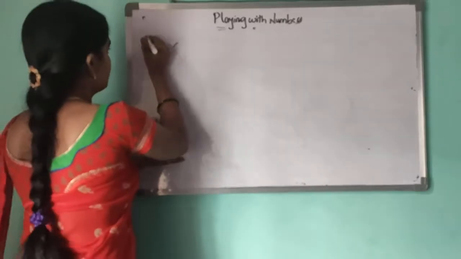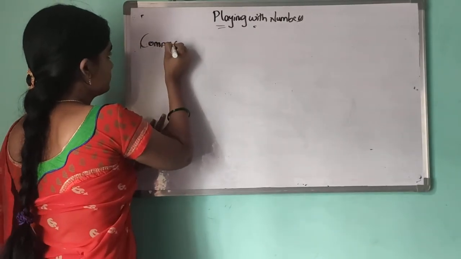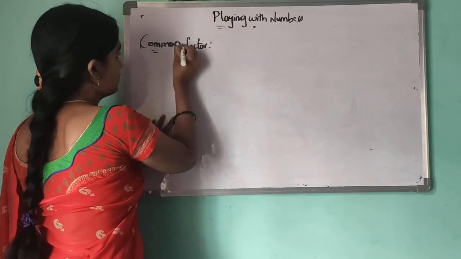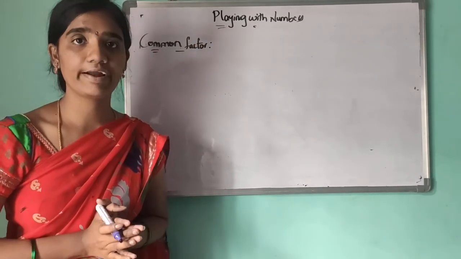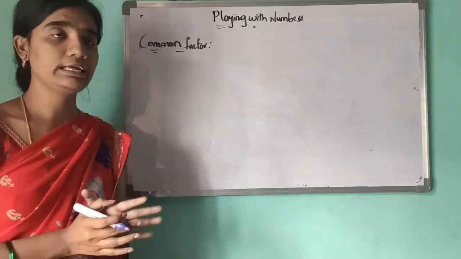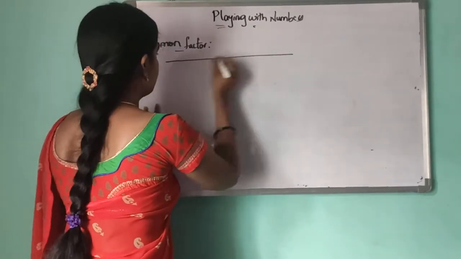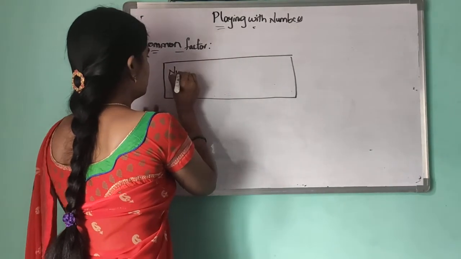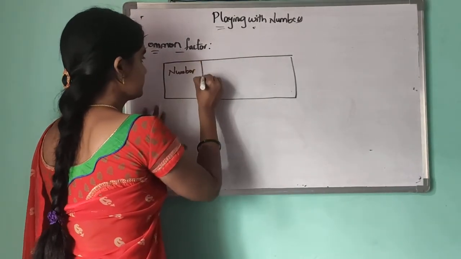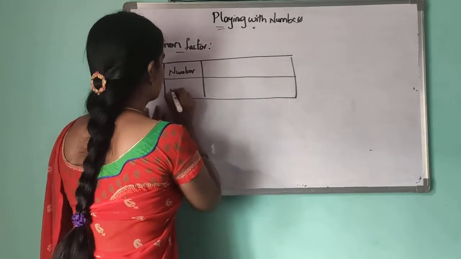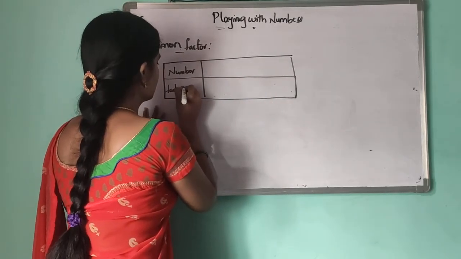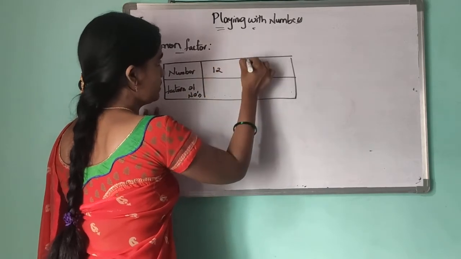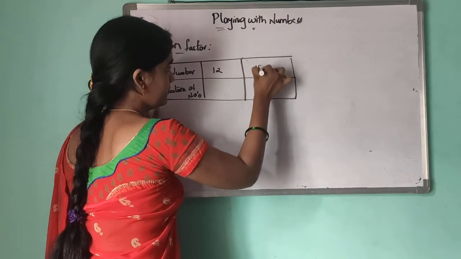Let us see common factors. What is a common factor? Here I will explain clearly. You can draw a table. Factors of numbers: here I am taking 12 and 18.